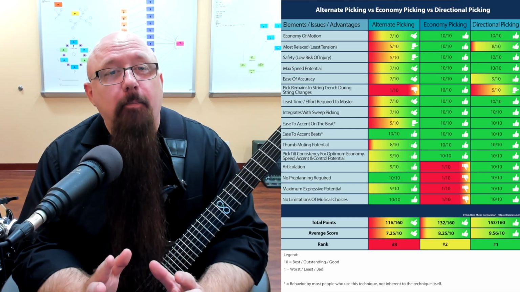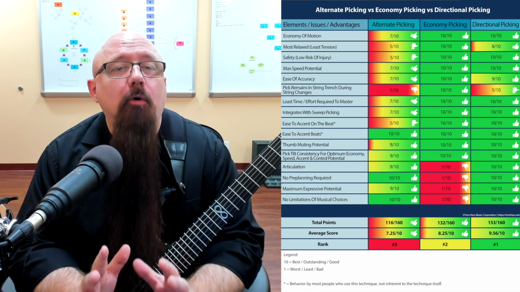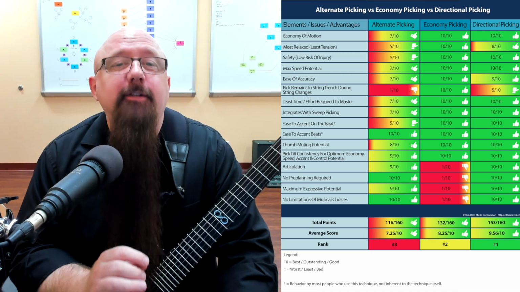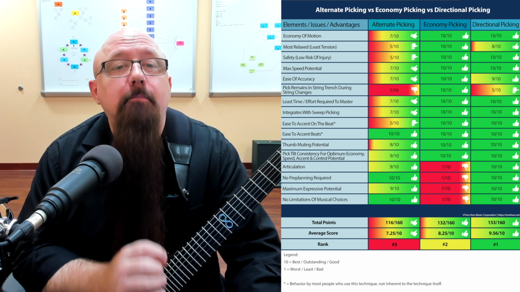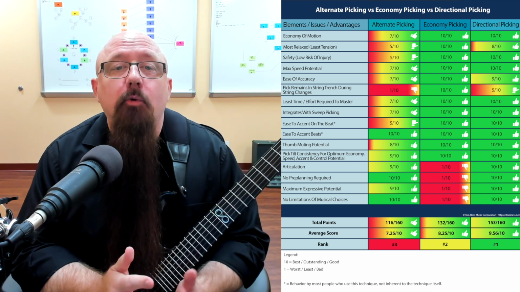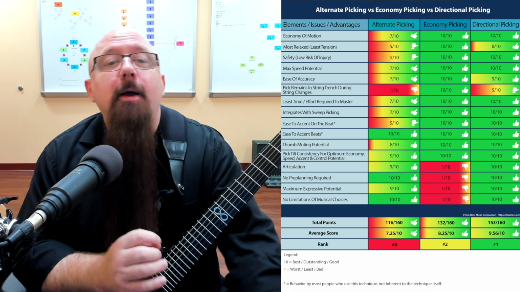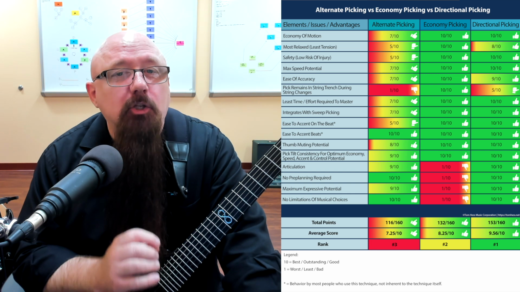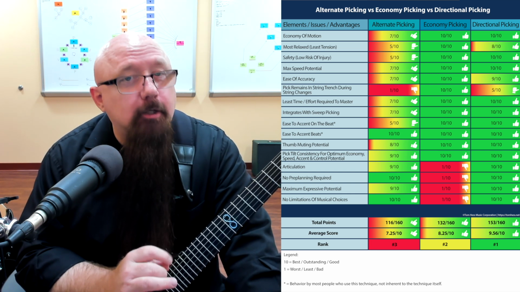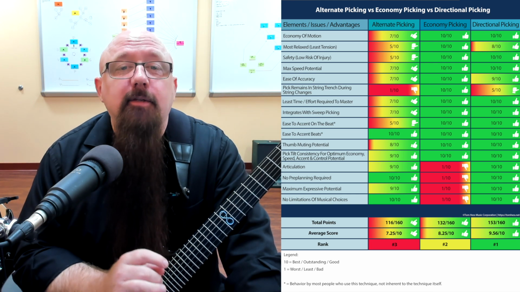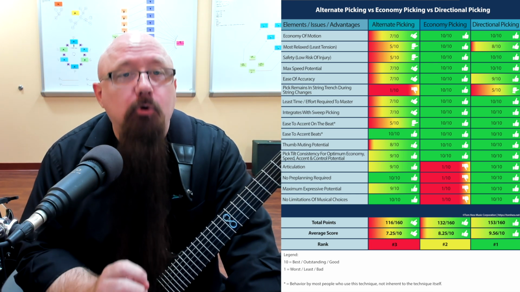So using these 16 primary elements, the 3 best picking techniques for guitar are put to the test. Now, before evaluating them, note that not all 16 elements ought to be weighted equally. There is much more room for debate regarding which factors are more important, but in my opinion, the final 2 elements in the list, maximum expressive potential and no limits of musical choices, are the most important.